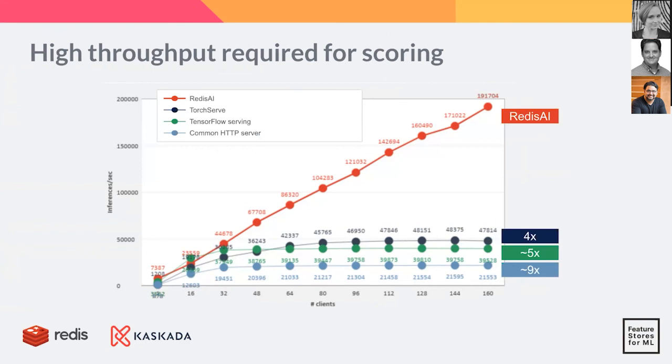You might have 5 million products, but then when you combine that across 25,000 different store locations, the data increases. And what this shows is with Redis AI, you can scale linearly to actually meet the high throughput requirements.